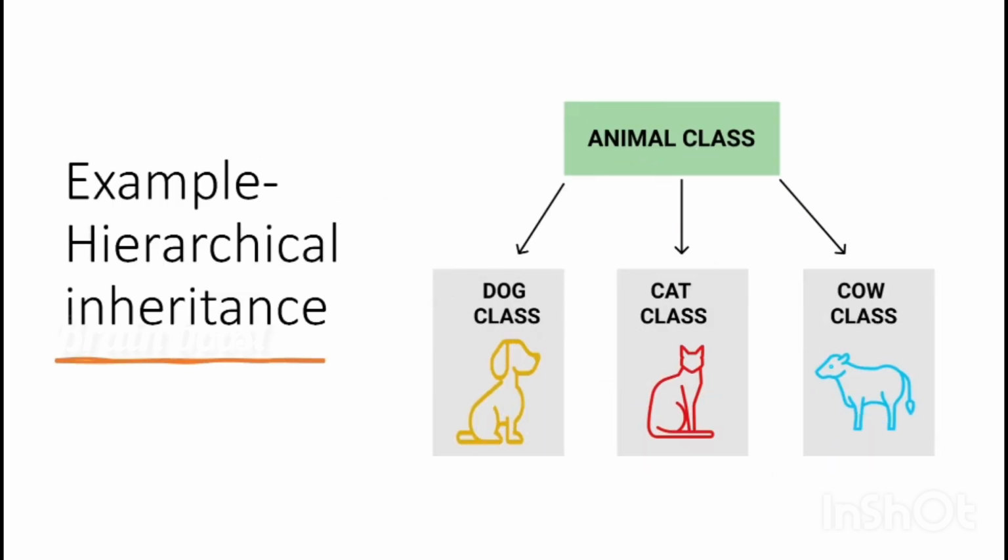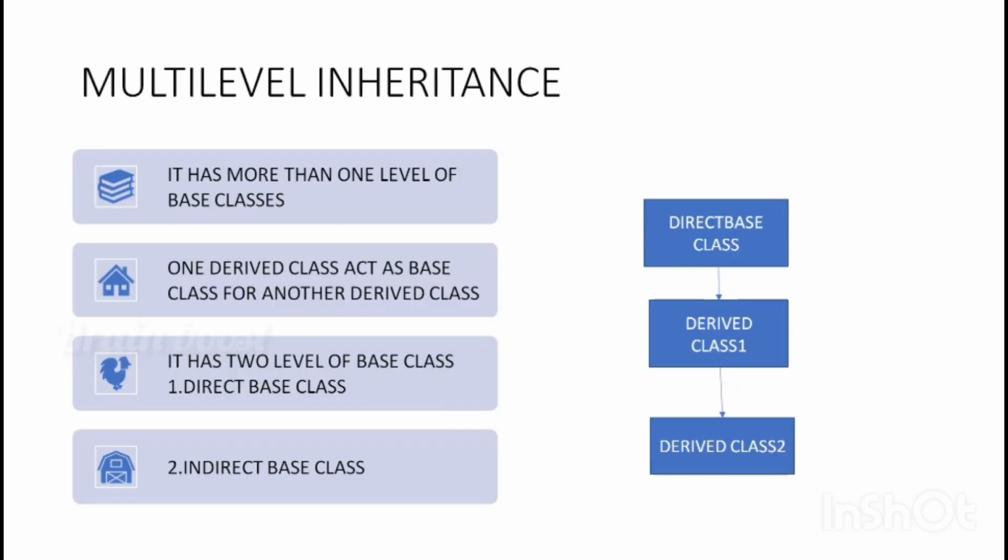This is an example of hierarchical inheritance. See, one base class, more than one derived class. Dog, cat, cow, more than one derived class, also inherit the properties from the animal class. That is an example of hierarchical inheritance.